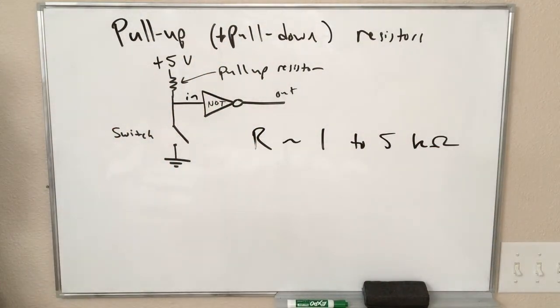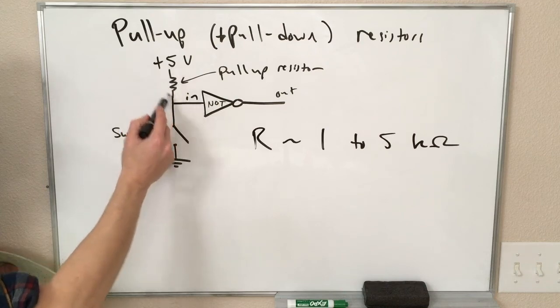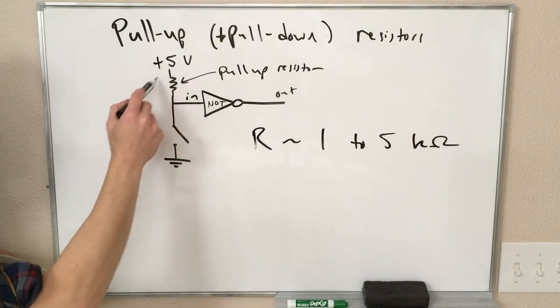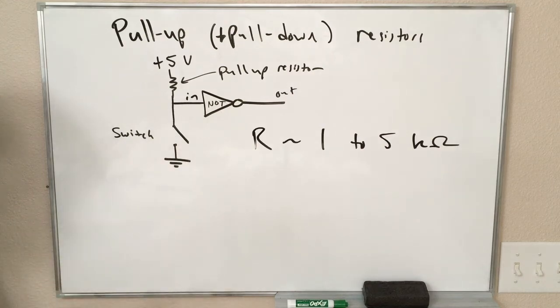If you have a resistance that's much lower than that, you're going to be flowing more current than you need and dissipating more power. And if it's too high, it might not be enough to keep this input near 5 volts when the switch is open.